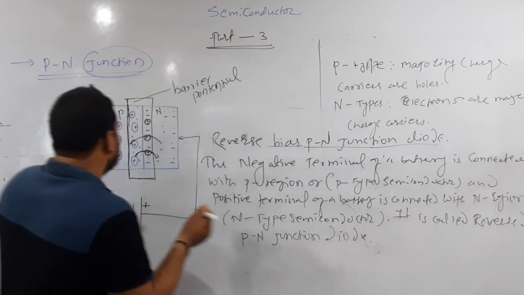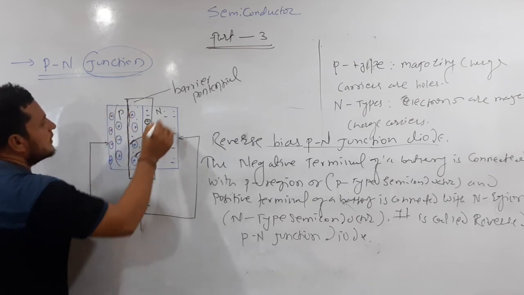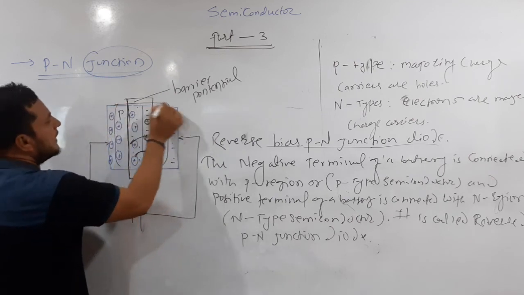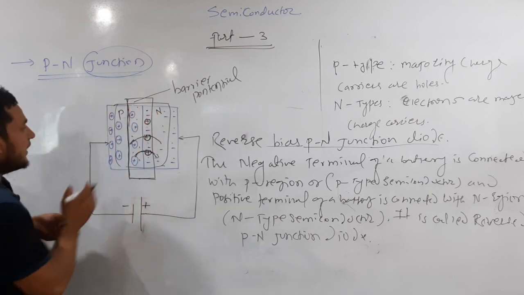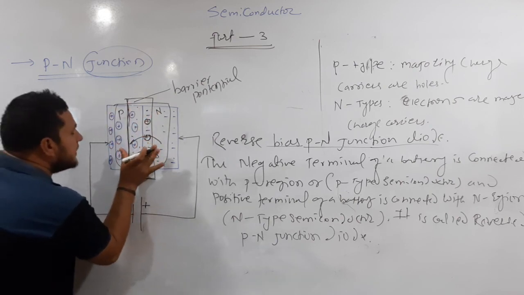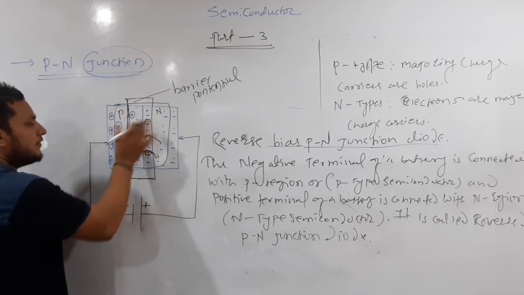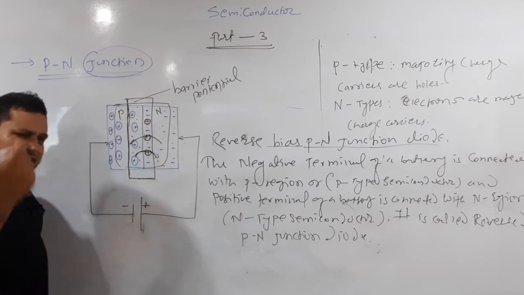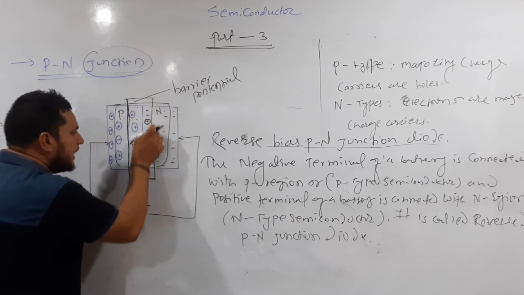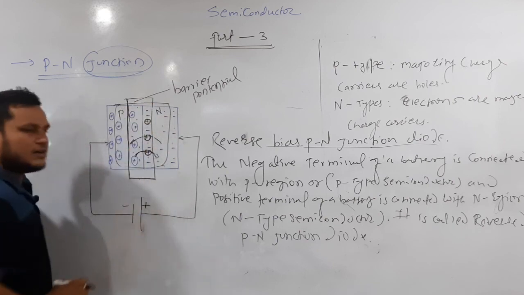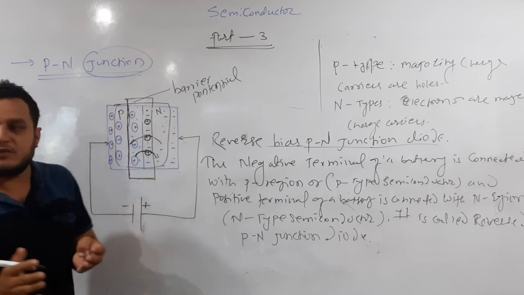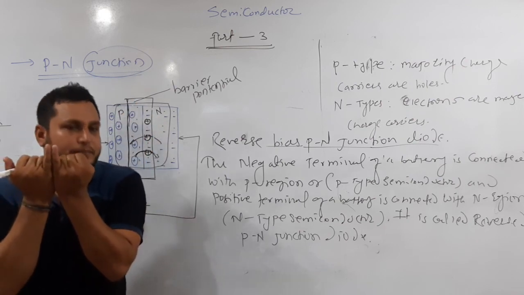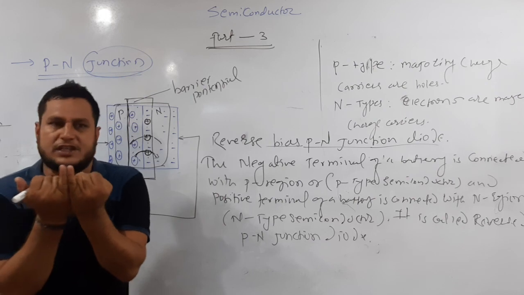Clear? Here the number of layers in contact are more than in the forward bias. If the width of the depletion layer is increased, it means what? Suppose before applying any charge, one column of electrons and one column of holes are attracting each other or come in contact with each other.